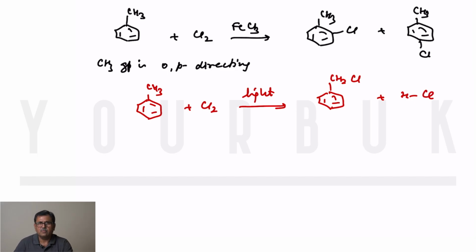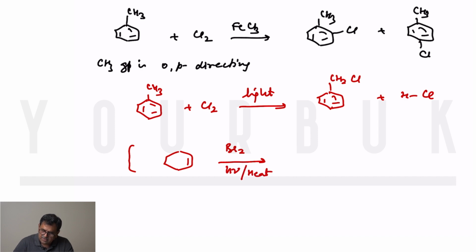One more example: whenever we use chlorine in the presence of light, you have to replace the H of the saturated carbon, and the saturated carbon which is next to the double bond. For example, suppose we are reacting this with bromine in the presence of light and heat both.